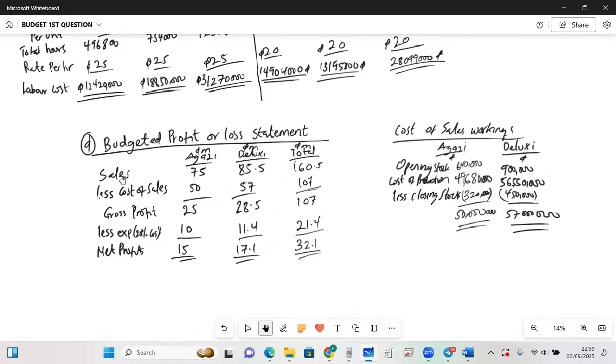Now, the sales here is 75, and then when we add them is 160. Remember, this 75 is the one that was given in the question.